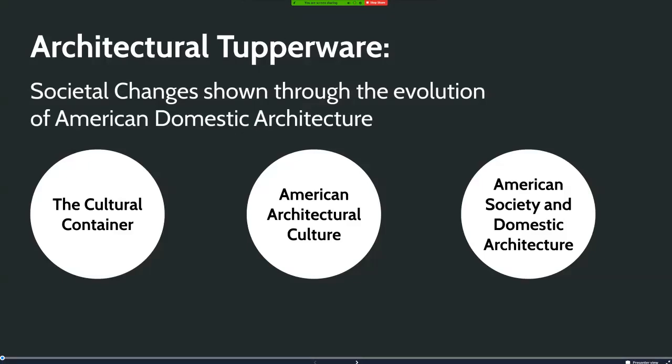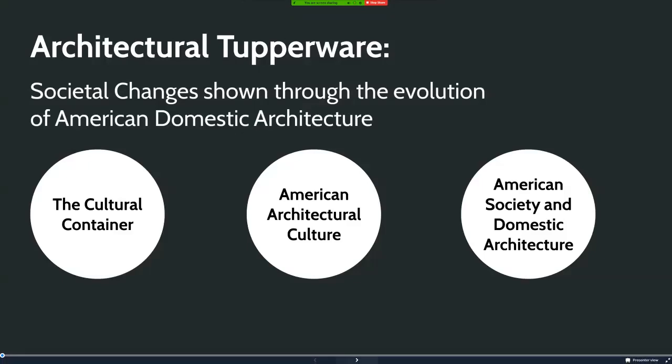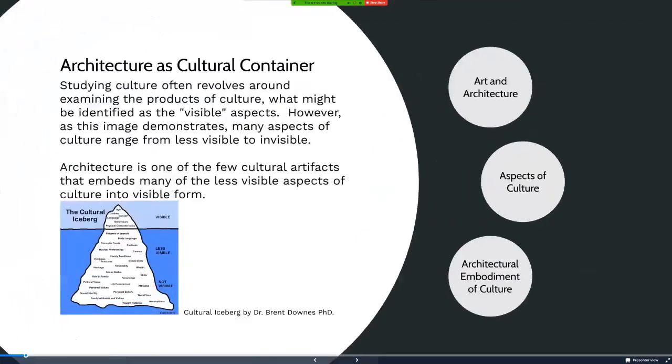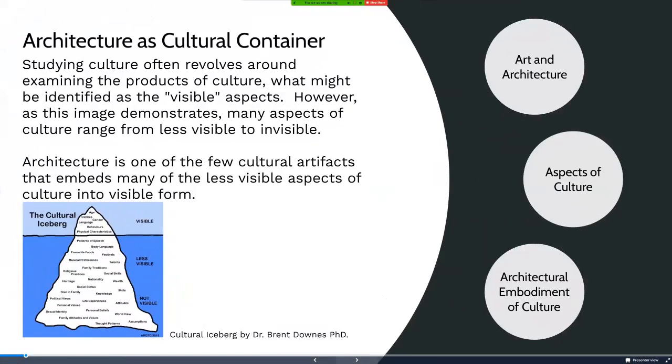I'd like to begin by giving a bit of background on this topic, talking about the idea of architecture as a cultural container. When we study culture, it generally revolves around examining the products of that culture, what might be identified as the visible aspects, as depicted by the cultural iceberg by Dr. Brent Downs.